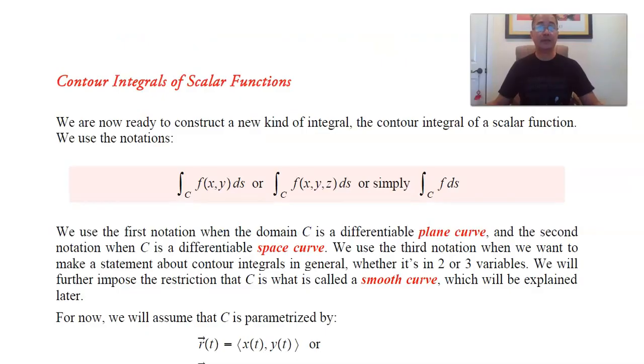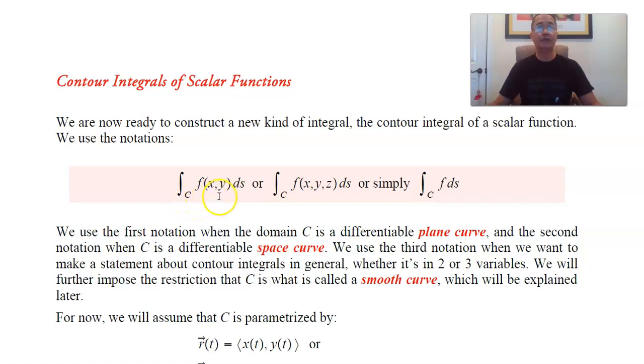All right, so let's start with notation. How do we write a contour integral for a scalar function? It's going to look like this. We just came from triple integrals, and now we're back to a single integral. Instead of a to b, we're going to write c to denote the curve, which will be our domain.